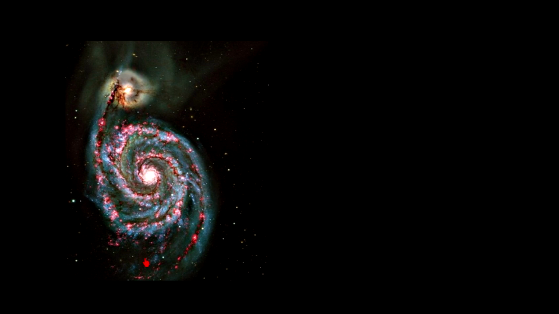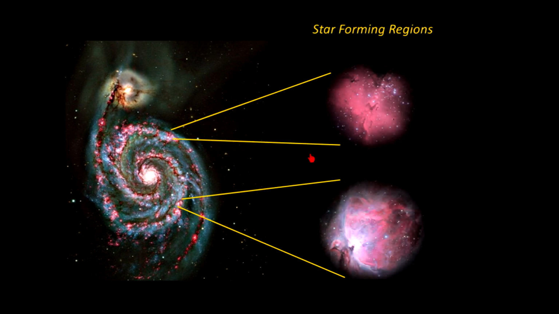Here is an example. This is the galaxy called M51, and this is nicknamed the Whirlpool Galaxy. This is yet again a top-down view. The Milky Way galaxy would be very similar in shape. Notice the beautiful spiral arms coming out from the center of the galaxy. Now, if we were to look at some of the details, there are some clues.